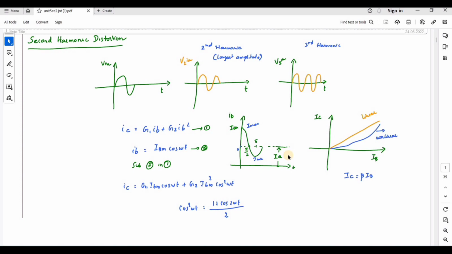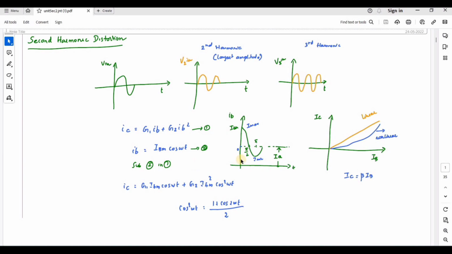This second harmonic distortion is determined from the dynamic transfer curve using the 3-point method for small signal. The points are omega t equal to 0, omega t equal to pi by 2, and omega t equal to pi. Using these 3 points, we will find the second harmonic distortion.